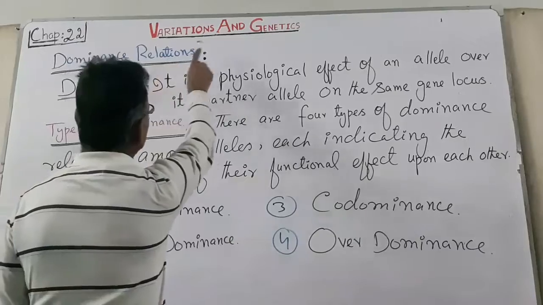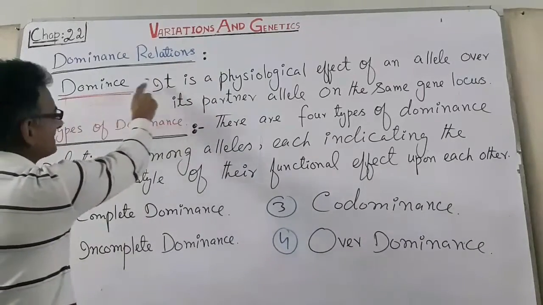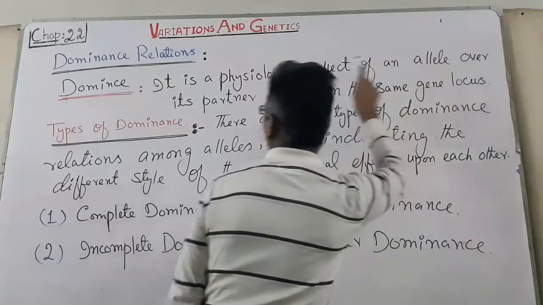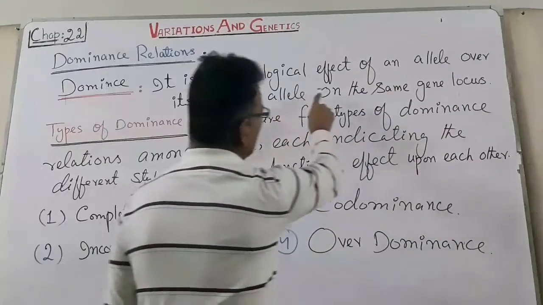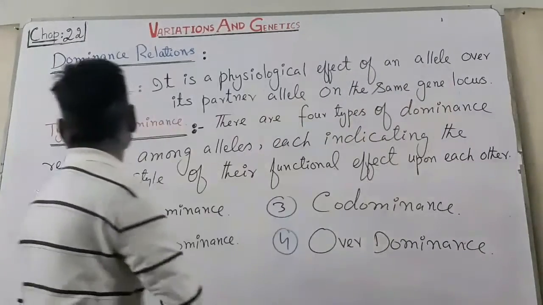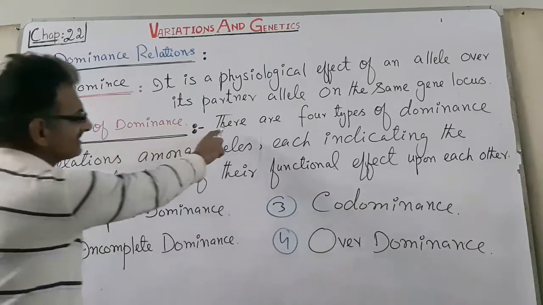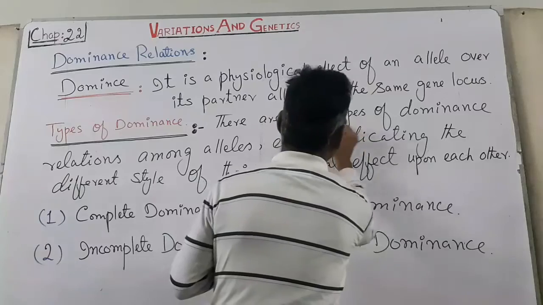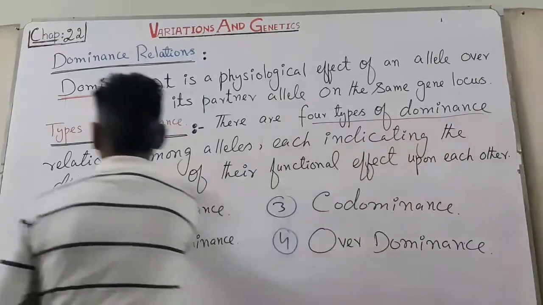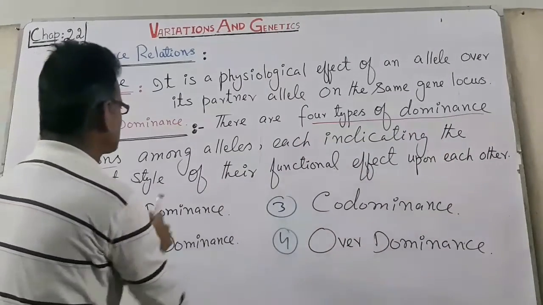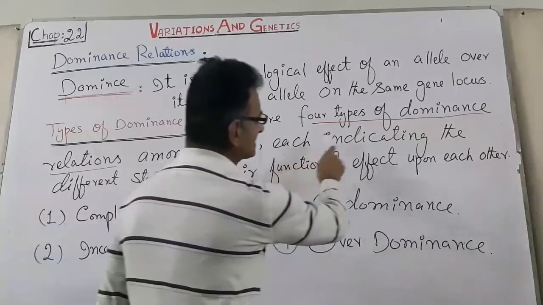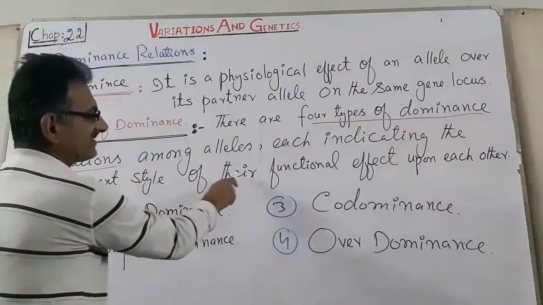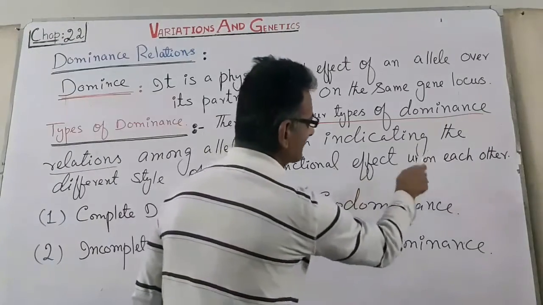Dominance relations among alleles. Dominance is a physiological effect of an allele over its partner allele on the same gene locus. There are four types of dominance relations among alleles, each indicating a different style of functional effect upon each other.